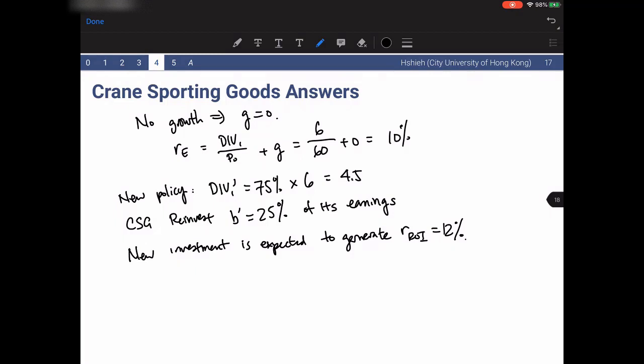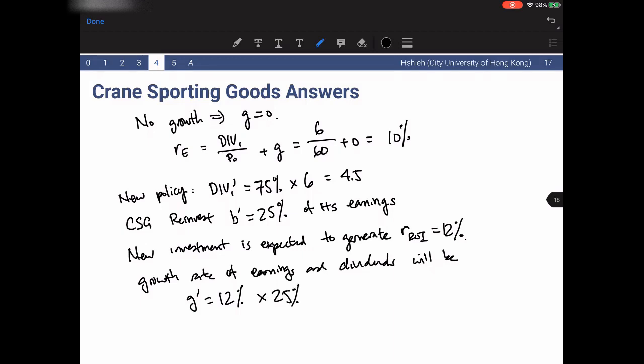It's simply the percent of the earnings that's set aside to be reinvested, and then we multiply that by the ROI of 12%. The growth rate of earnings and dividends will be G prime, again prime to indicate that it's a change in the parameter that we already have, equal to 12% times 25%. And this will give us 3%.